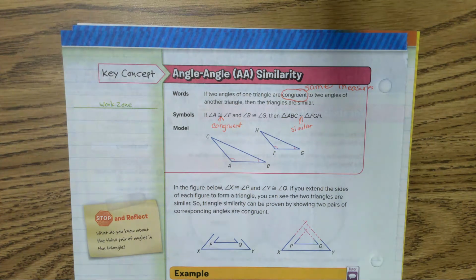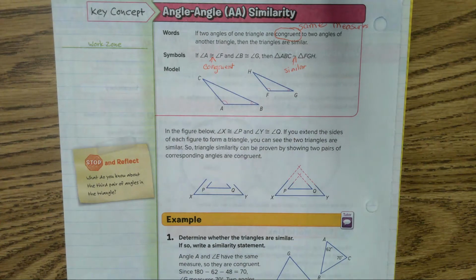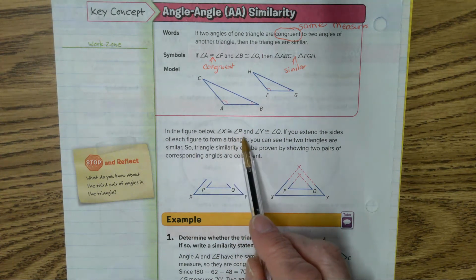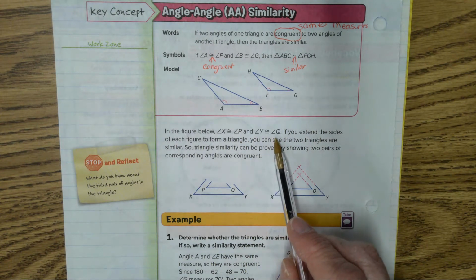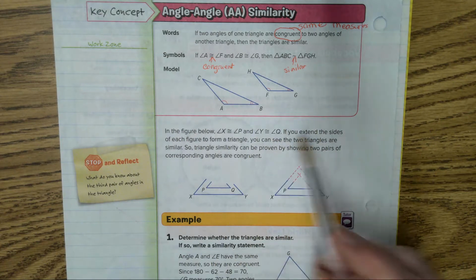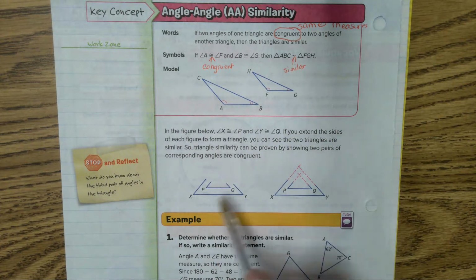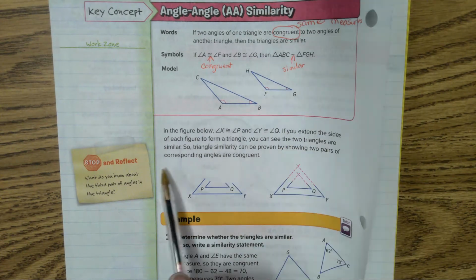So, now let's look at what this means. In the figure below, angle X is congruent to angle P, and angle Y is congruent to angle Q. If you extend the sides of each figure to form a triangle, you can do that on your paper right now, you can see the two triangles are similar.